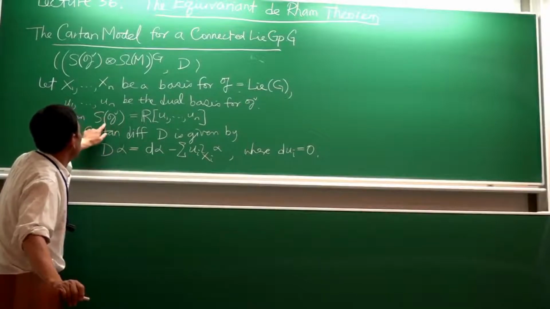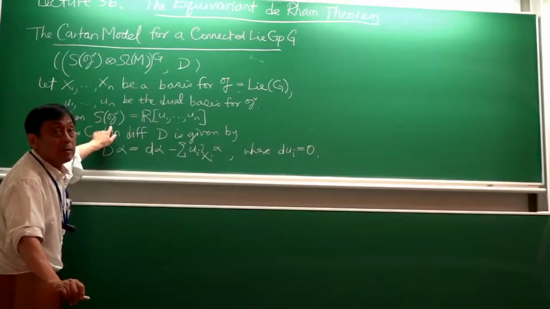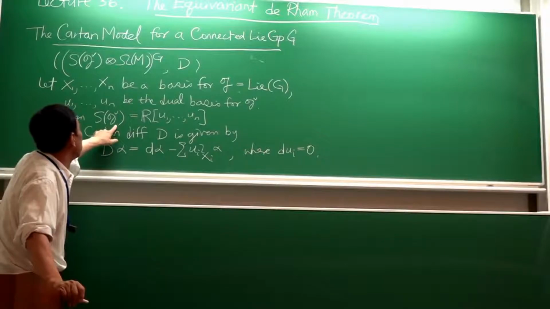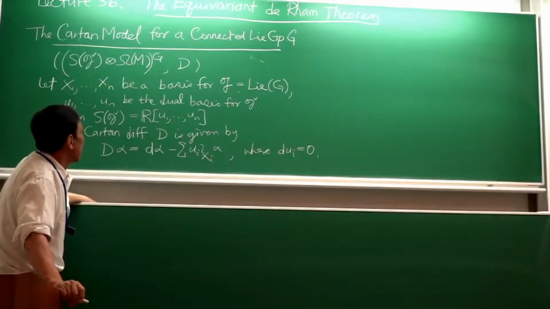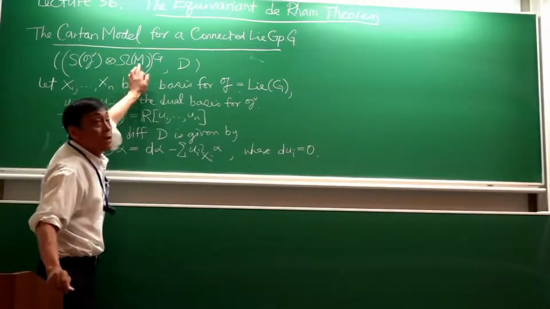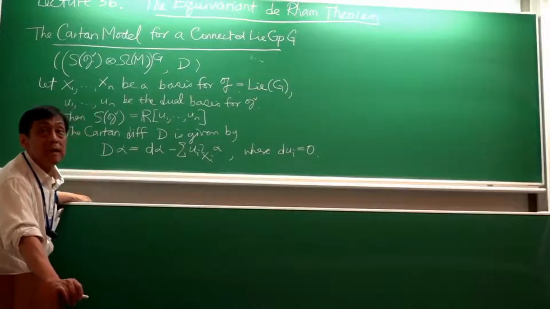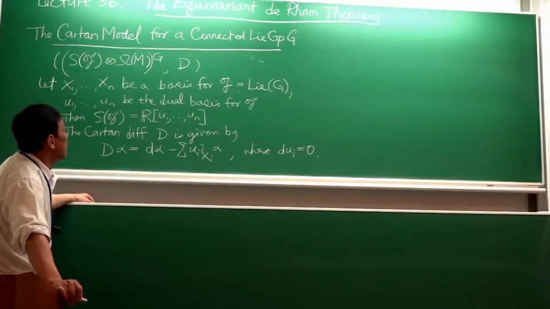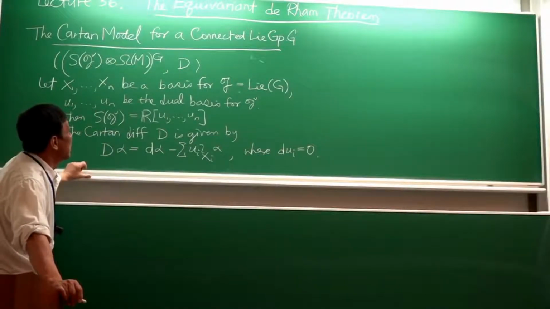So d is 0 on the symmetric algebra. Okay? And it's the usual derivative on the differential forms. Okay? All right, so that's the Cartan model.